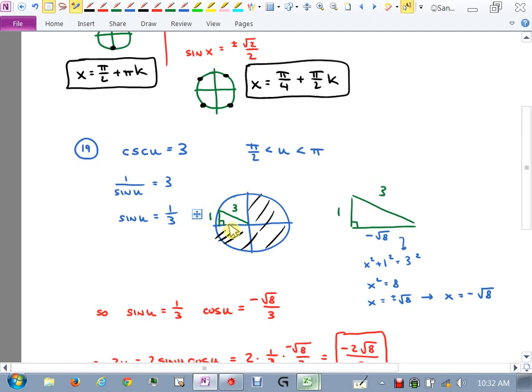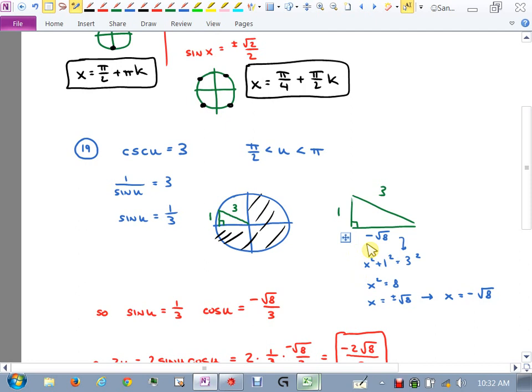And then I drew a reference triangle. Because sine tells me I have opposite over hypotenuse. So here's my triangle, my opposite and my hypotenuse. If I have two sides of the right triangle, I come up with the third by using Pythagorean, right? But why did I use negative root 8?